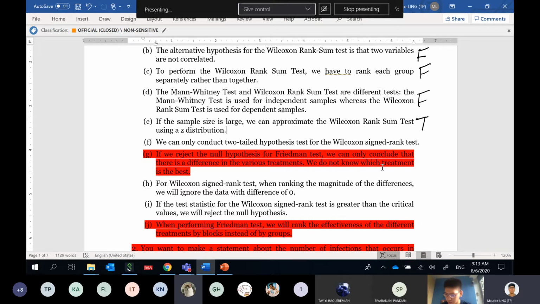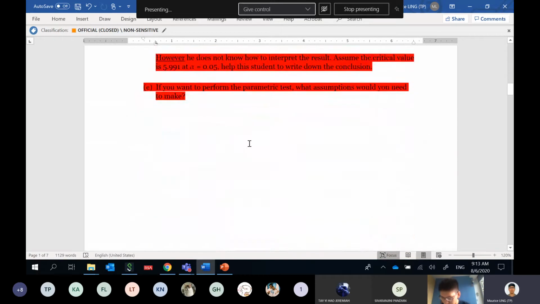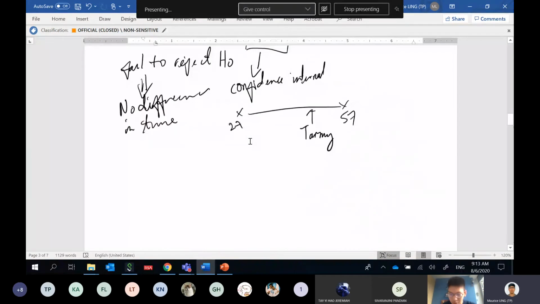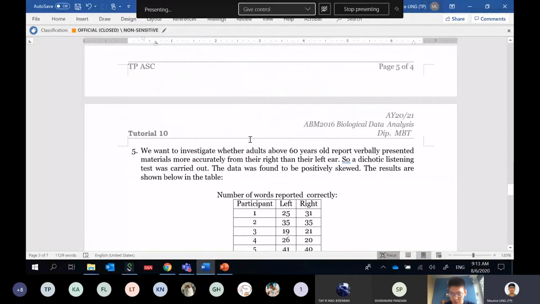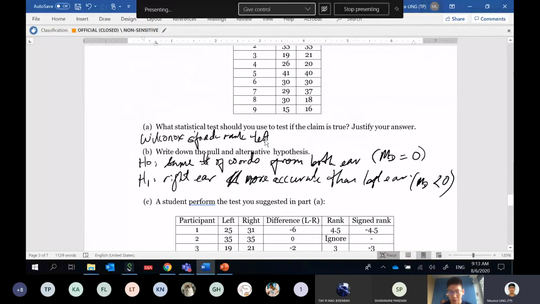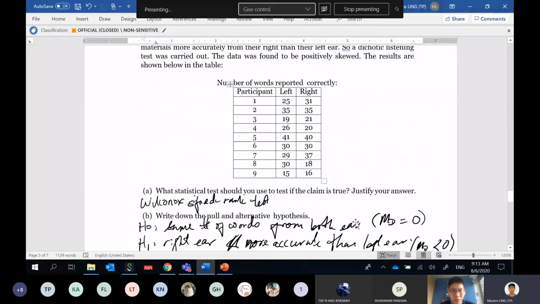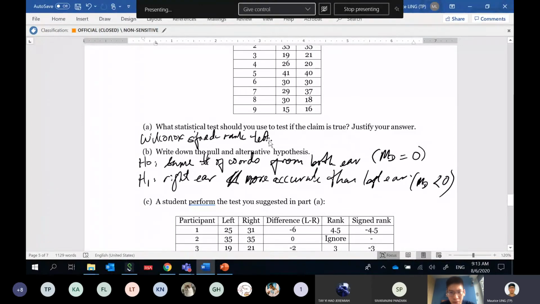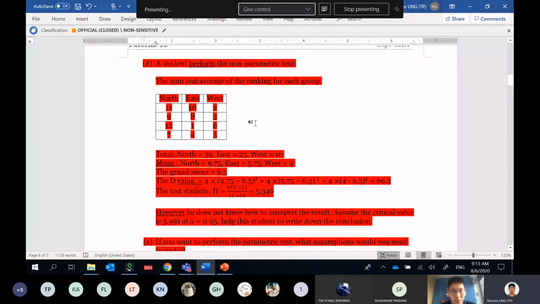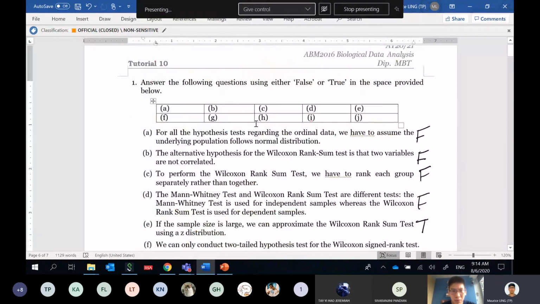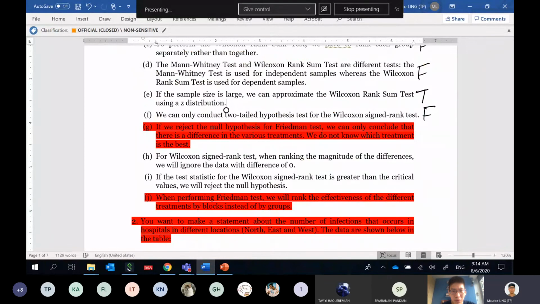You can actually do a one-tail test as well for the signed rank test. Like our question 5, this is a one-tail test. So we can actually do a one-tail test. Okay, so this is false. Okay, let's go to H.